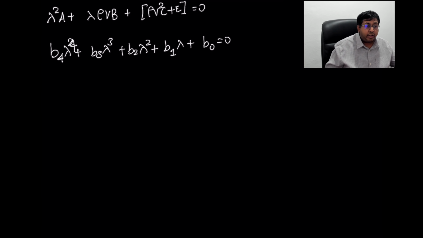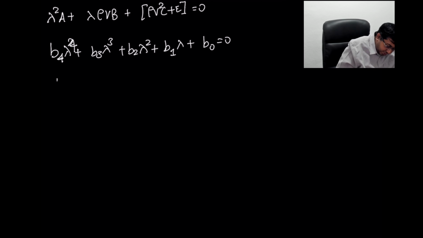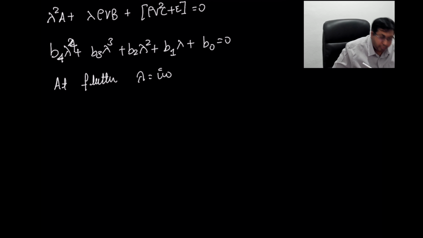Okay, so now we assume that we have this equation, and if we have a flutter, then we can say at flutter, lambda is of the form i into omega. So now if I substitute i into omega into this characteristic form.